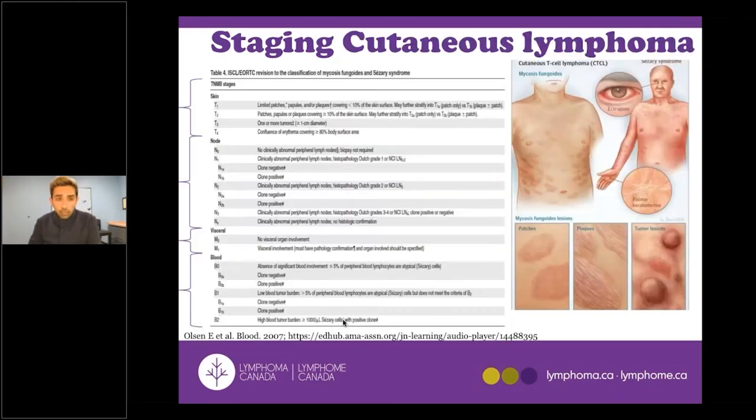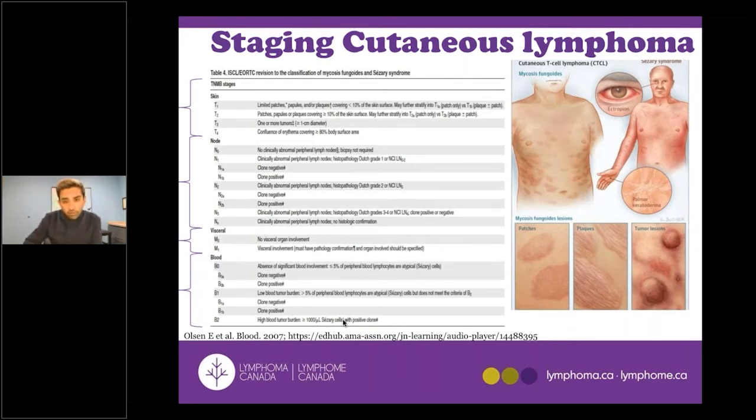Now, in contrast to the nodal and extranodal T-cell lymphoma, the staging of skin lymphoma is done a little bit differently. So, for example, we look at the skin itself and see if the skin is involved with patches, which are these flat areas, or are there plaques, which are slightly raised, or are there tumors?